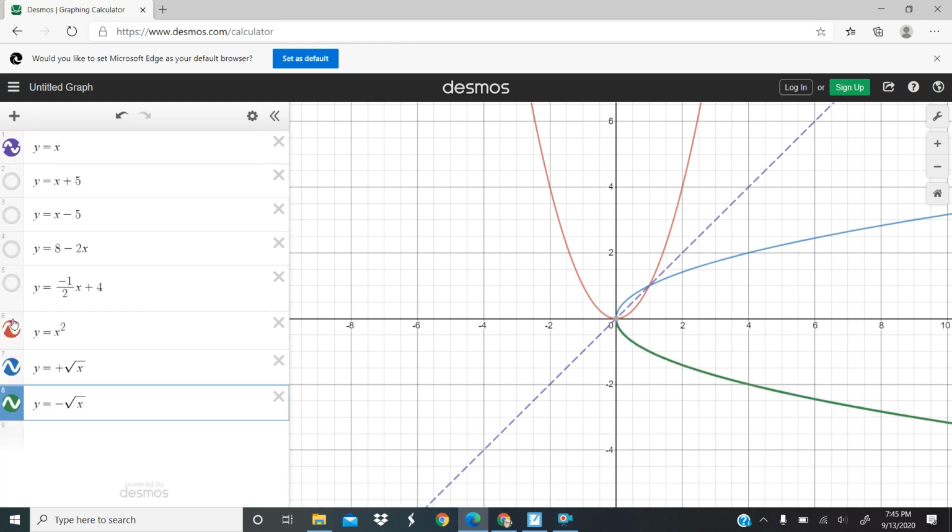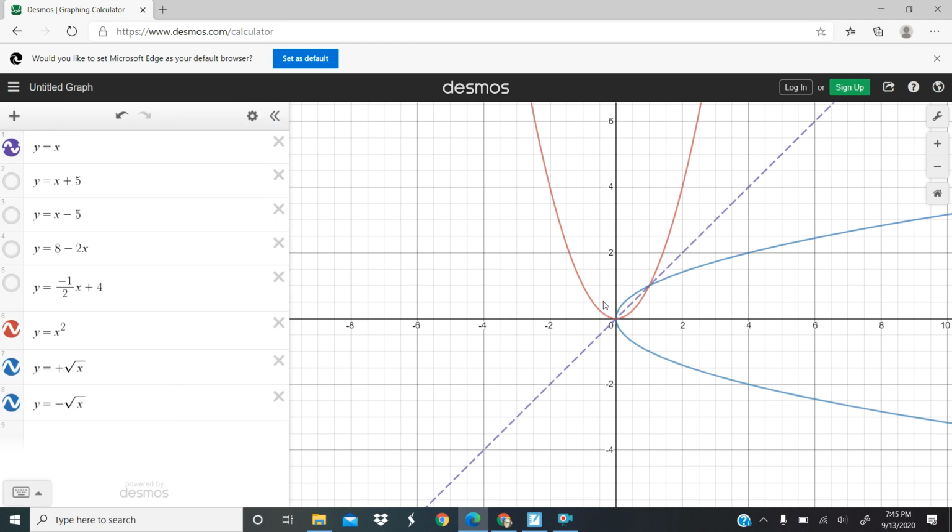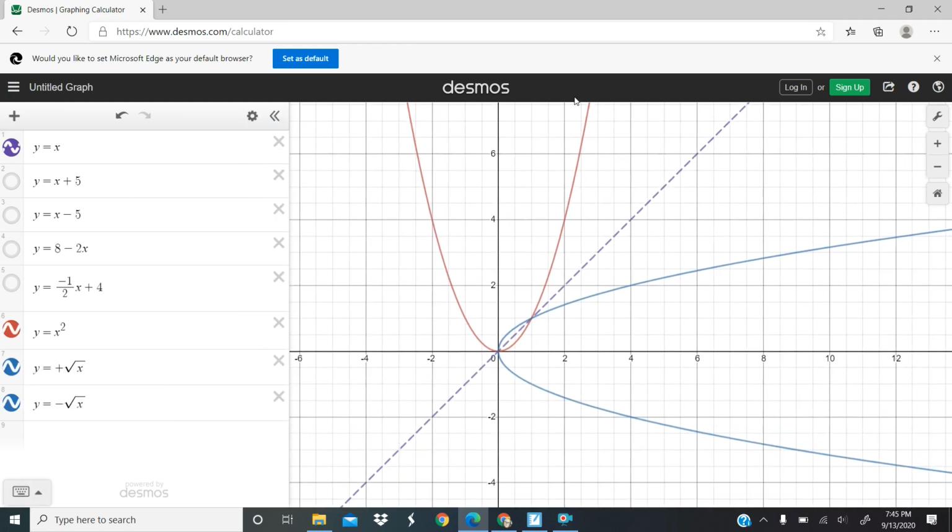And then I want those to be the same color. Sorry guys, technical difficulties. Okay, so that's better. So now you can see you had this original function as a parabola, and then the inverse, using the positive and negative version of the square root of x, reflects perfectly over that line y equals x, and you see this little sideways parabola.